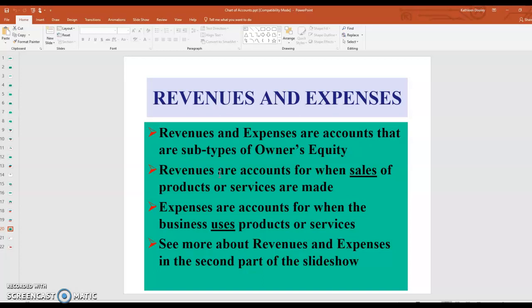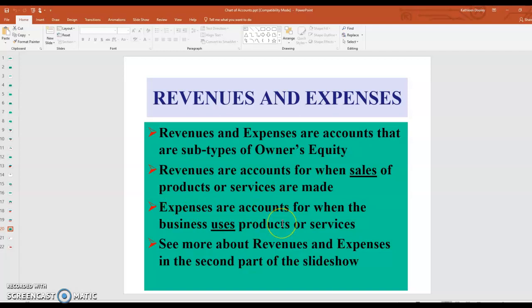Okay, they're subtypes of owner equity accounts. Okay, and revenues are accounts that we use when we sell something, when there's sales of products or services that the business makes sales. Then we're going to use a revenue account from the chart of accounts to record that sale.